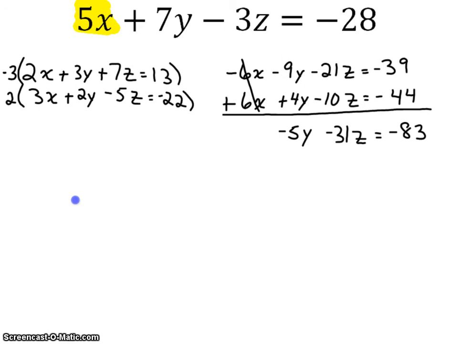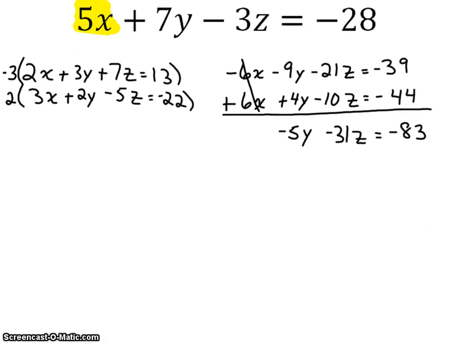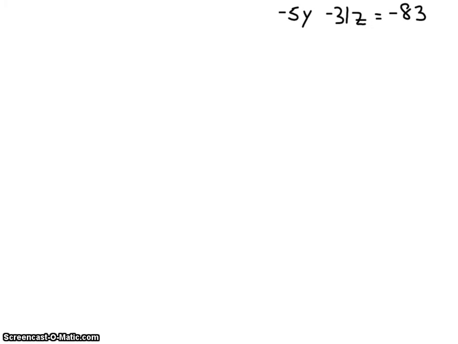Let's go back up to the original system. So now I want to use 2x plus 3y plus 7z equals 13. And equation 3, 5x plus 7y minus 3z equals -28. Okay, let's set that up to be eliminated. So we'll set up with equation 1, 2x plus 3y plus 7z equals 13.